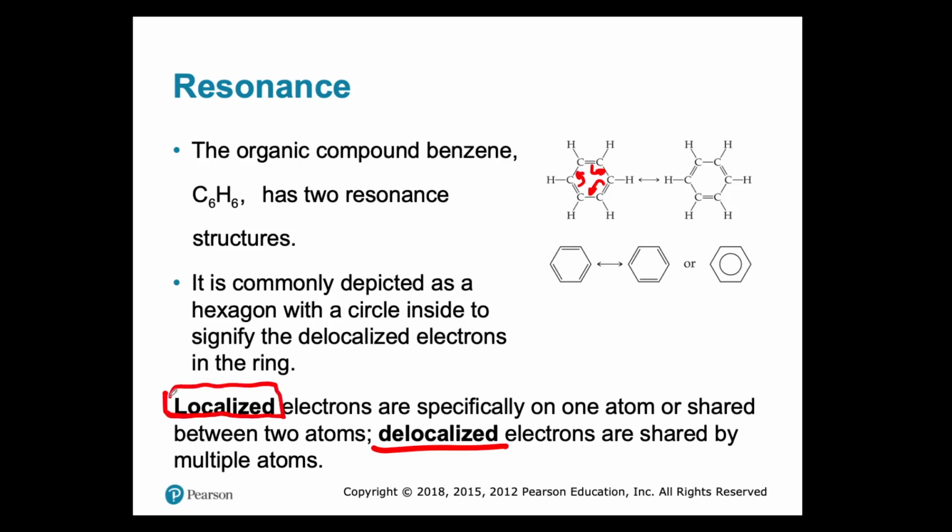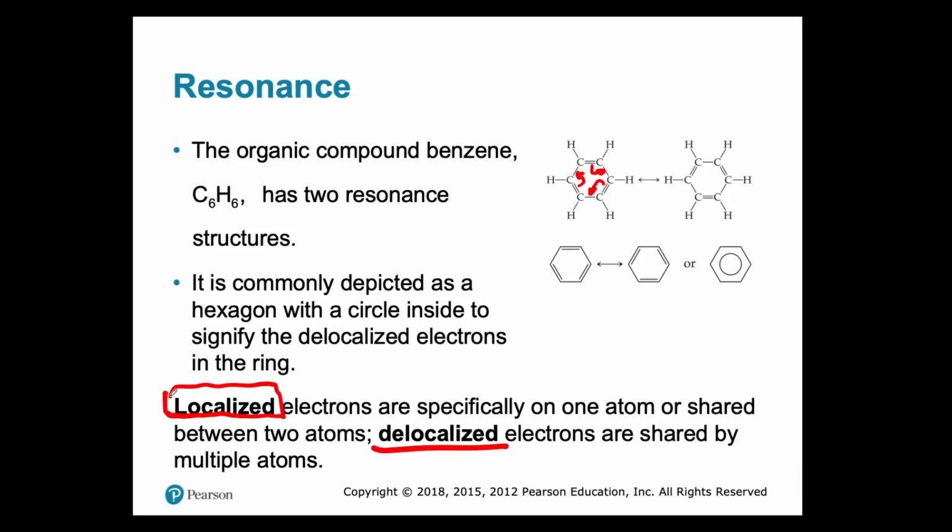You'll never see a localized electron do resonance, okay? Localized electrons are usually the electrons that are only shared with one atom, like a lone pair, right? Or they're shared just between 2 atoms, making a single bond, okay? So here, then, your delocalized electrons are going to be the ones in the double bond, right?